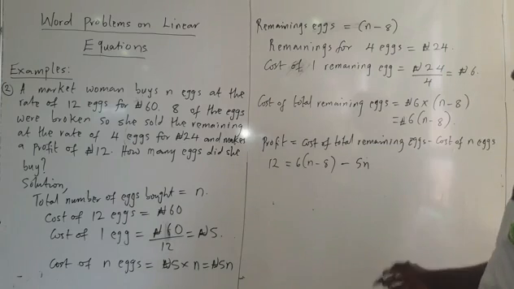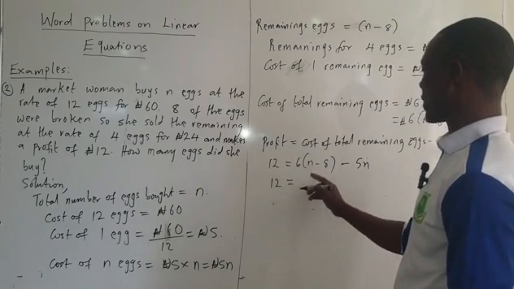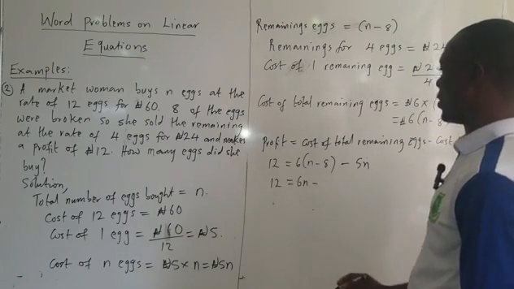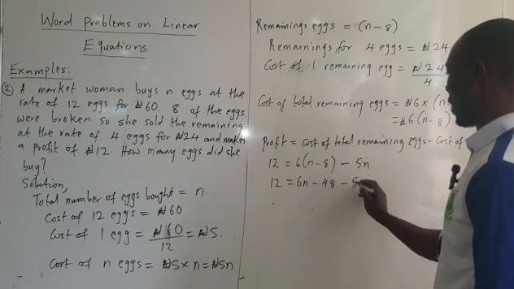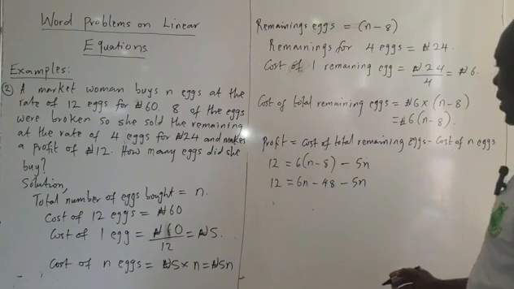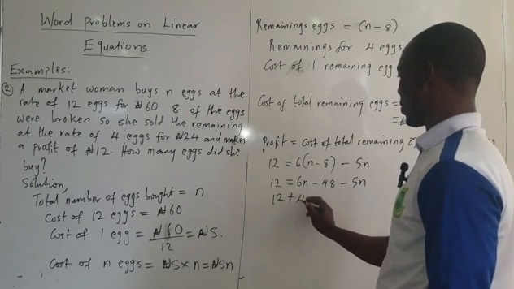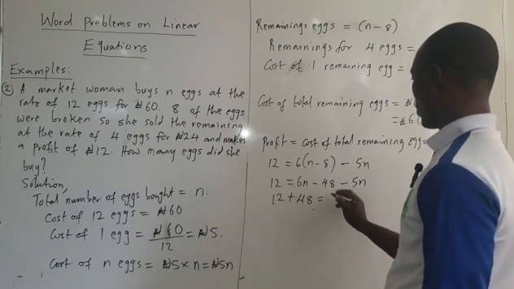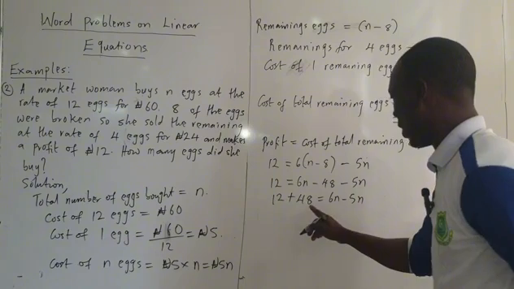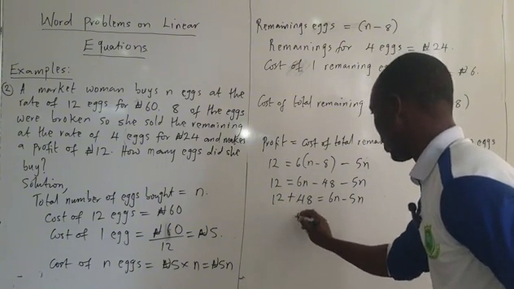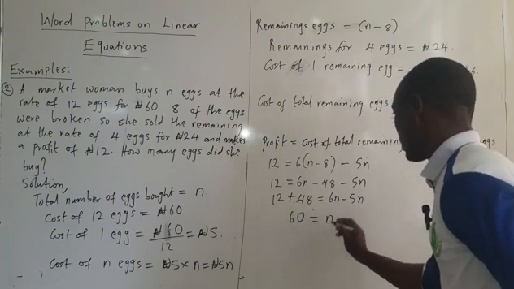So you now simplify, open the bracket: 12 equals 6 times n, that's 6n, minus 6 times 8, that's 48, minus 5n. We now collect the like terms. So we have 12 plus 48 equals 6n minus 5n. That gives 60, which equals n.